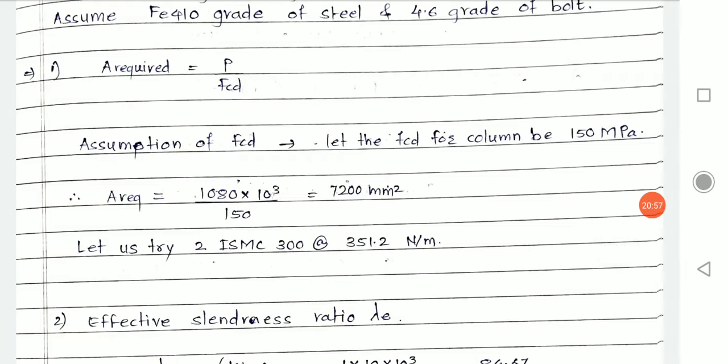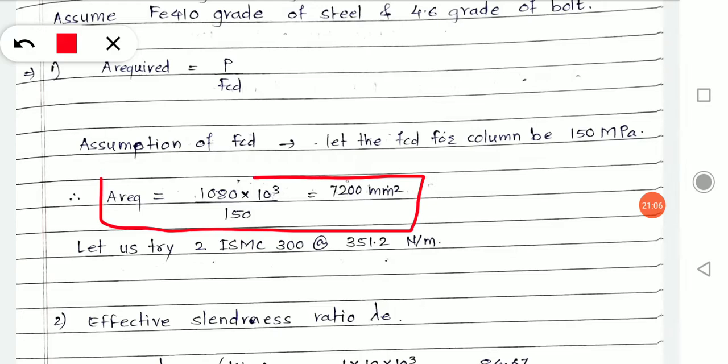Once you calculate the area required, you need to go into your steel table. The area required is 1080 divided by 150, the assumed FCD value, which gives a required area of 7200 mm square.